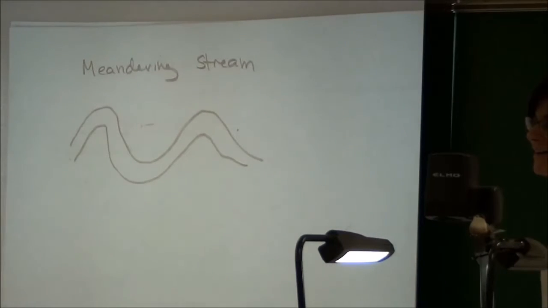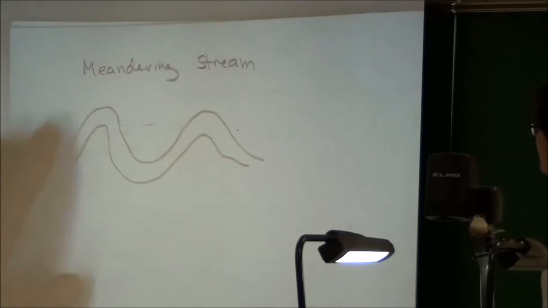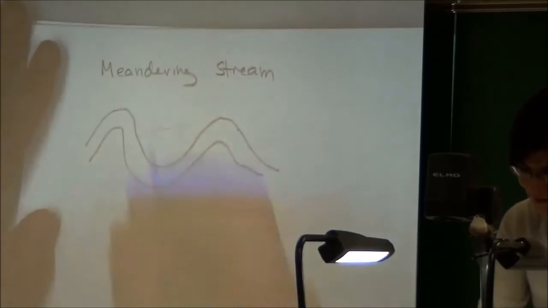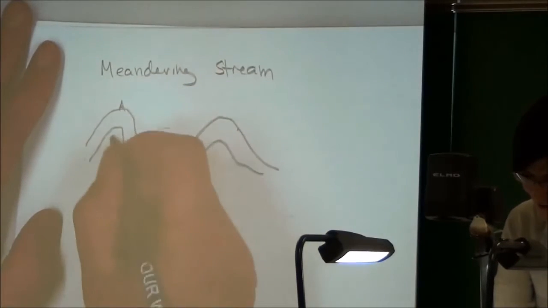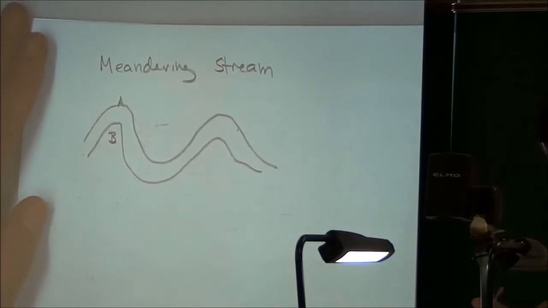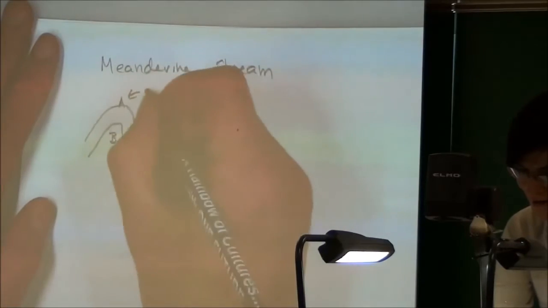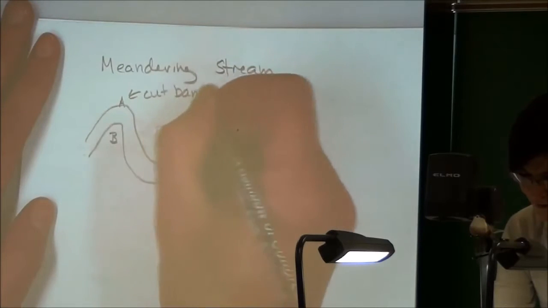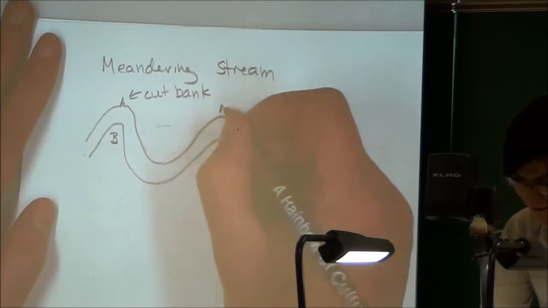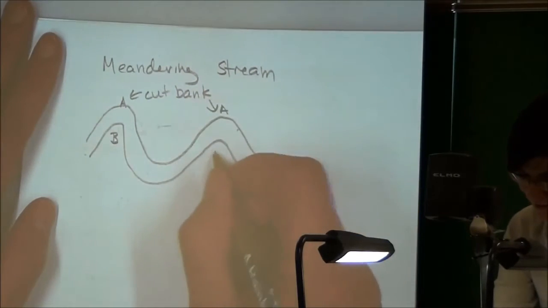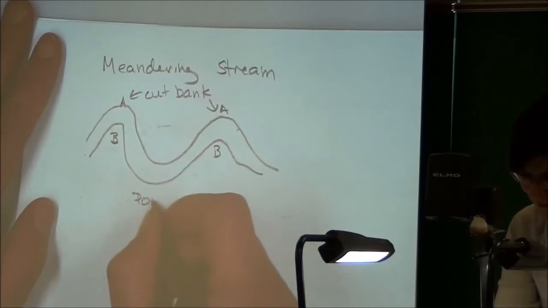So where are our point bars and where are our cut banks? Cut banks would be on top, right? Right, and it's erosion. A or B? A. A is our cut bank. And B is our point bar.